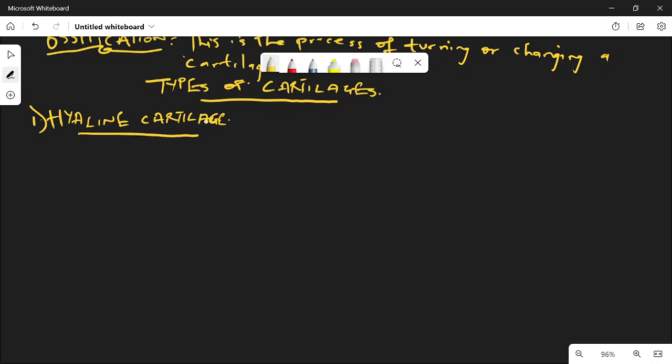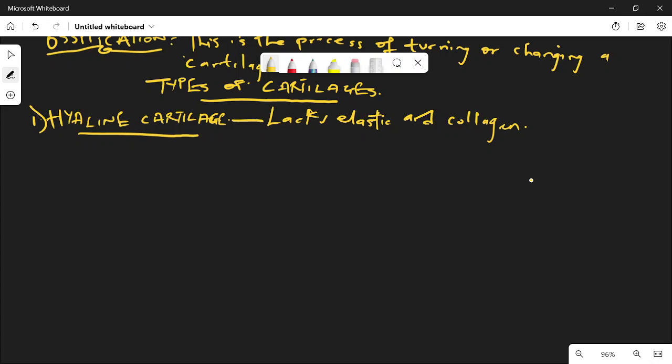This hyaline cartilage is the simplest type of cartilage that we have, and it lacks elastic fiber or collagen. It lacks what? Elastic fiber and collagen. Hyaline cartilage is the simplest type of cartilage, it lacks elastic fiber or collagen.